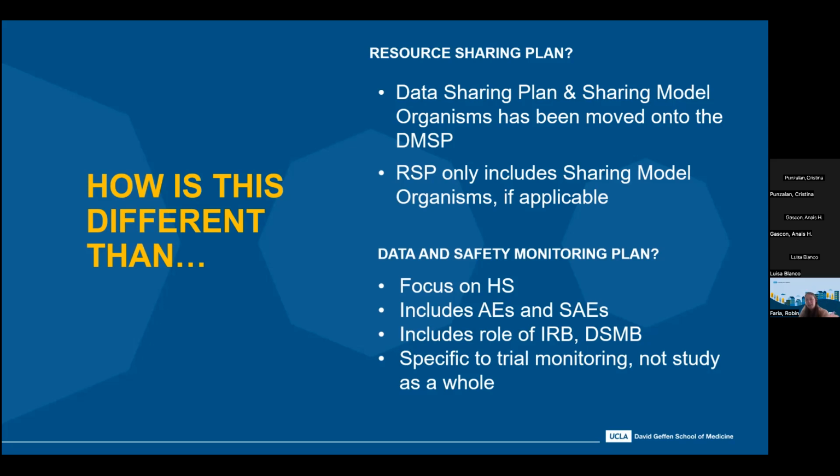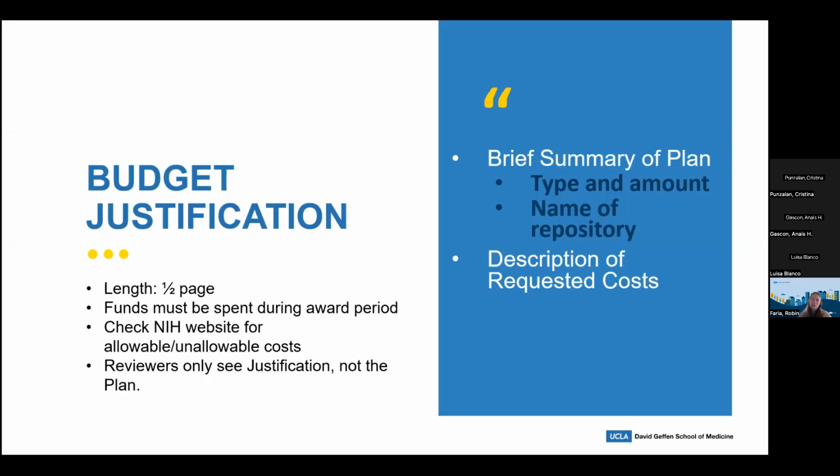So that's the plan itself, but there is also the additional budget justification component that I had mentioned earlier. So this is just a brief section that is going into your budget justification, where they want you to provide a brief summary of the data management plan that you've already described in that separate document.